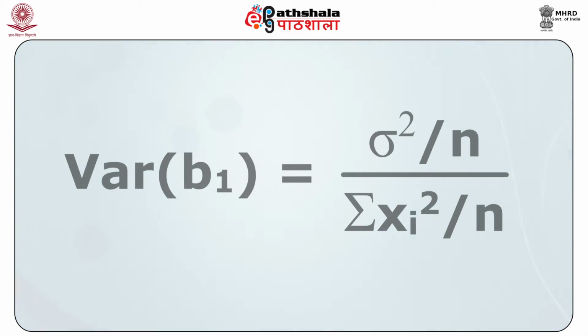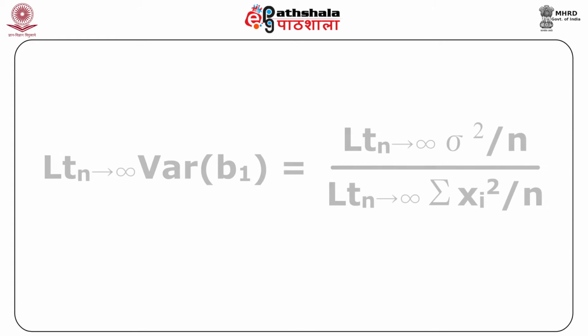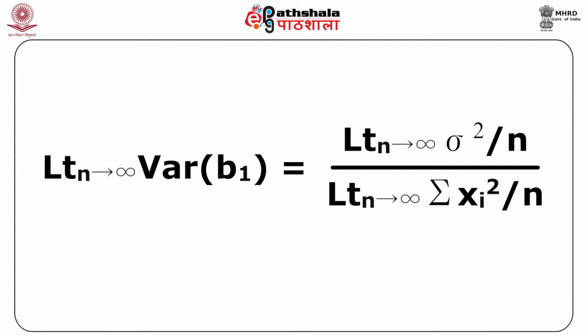Now, to prove the consistency property, we find out the limit of the above expression as n tends to infinity. Variance b1 is equal to sigma square divided by n divided by summation xi square divided by n. Taking limits of both sides, limit n tends to infinity, variance b1 is equal to limit n tends to infinity sigma square divided by n divided by limit n tends to infinity summation xi square divided by n.